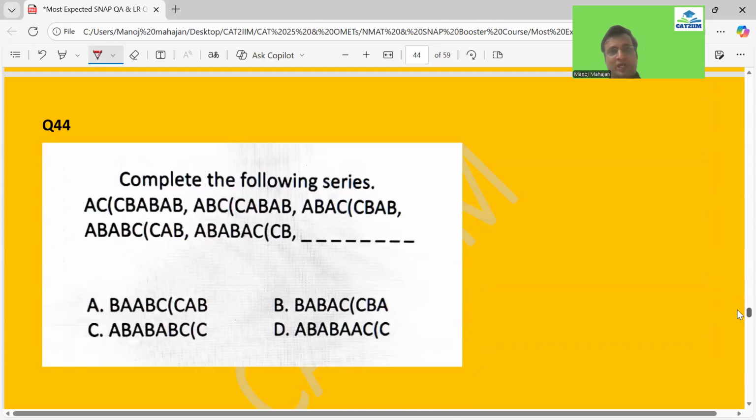Okay, this was a speed breaker in one of the SNAP papers in the past, right? So a tough one. If you look at the pattern in this question, throughout you have the letters A and C outside this bracket.